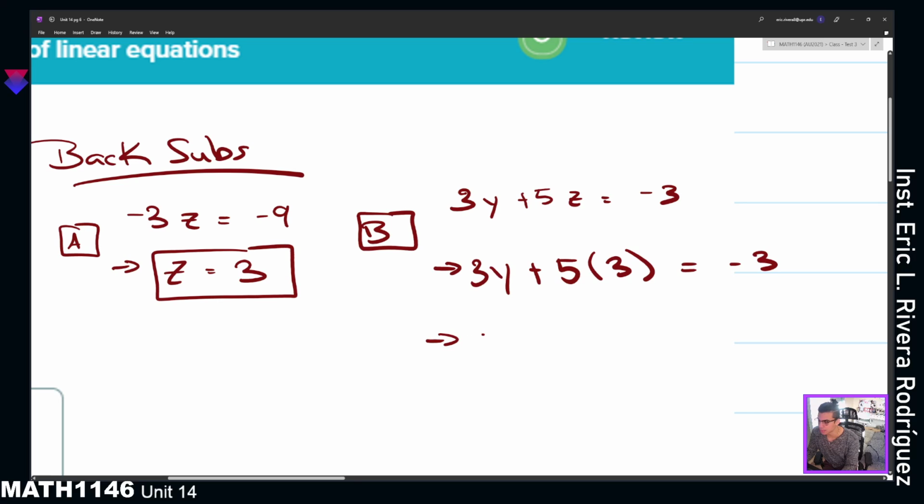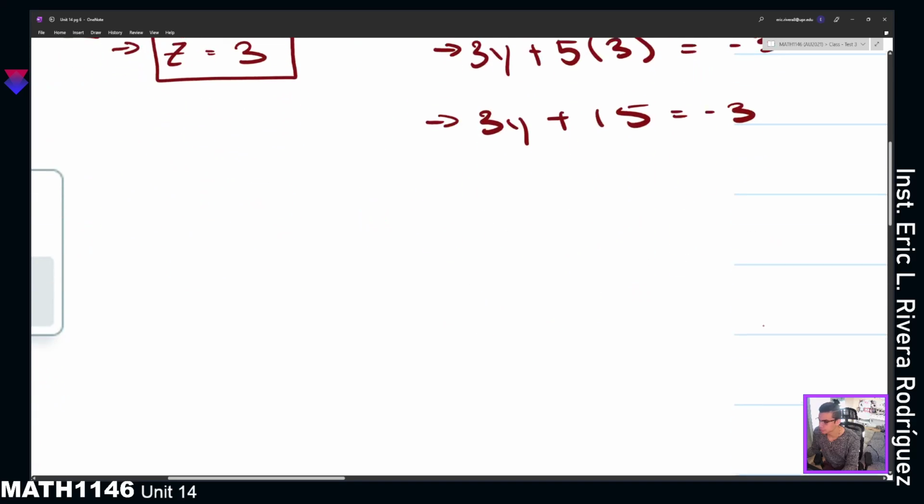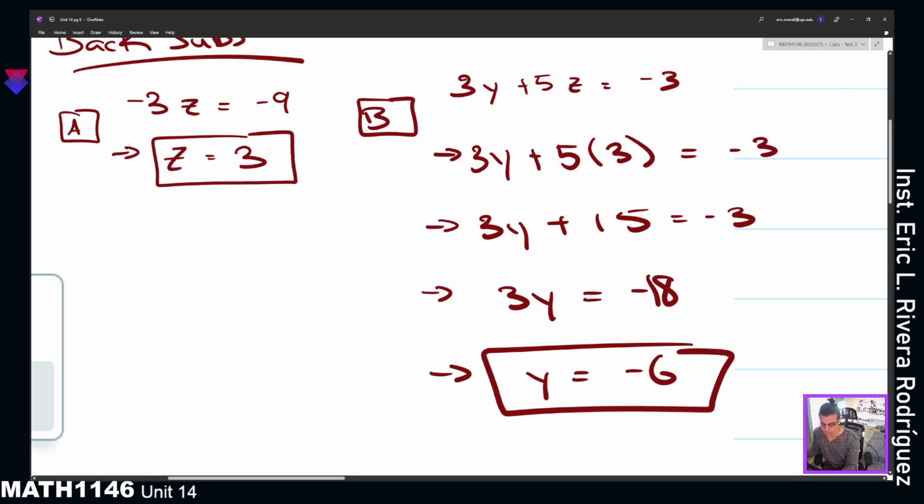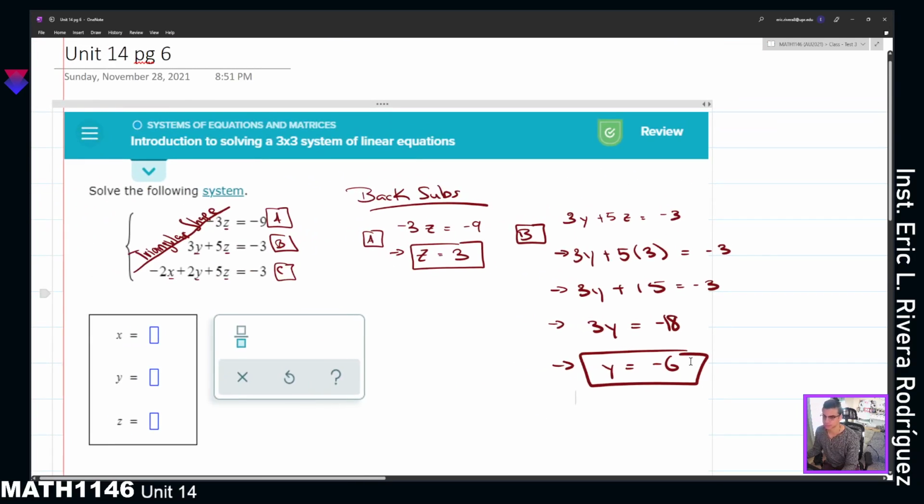That unknown variable is y. So solving for y, we got 18 on the right side here, and then we divide by 3 both sides, and we got y is equal -6.